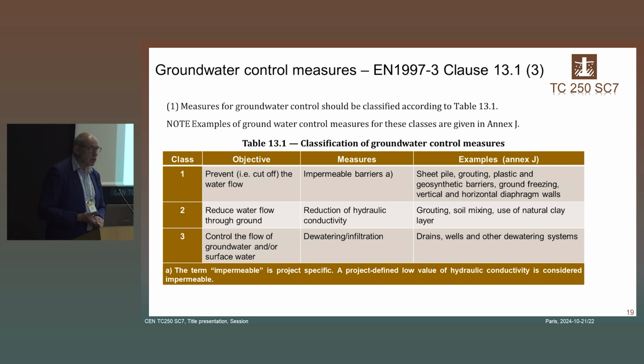I think Bruce, you will address that in your example. Also reduction of groundwater flow: it's also grouting, soil mixing, use of clay layers. And the third one, dewatering, is drains and wells and other dewatering systems. These are described and measures and monitoring actions are given.